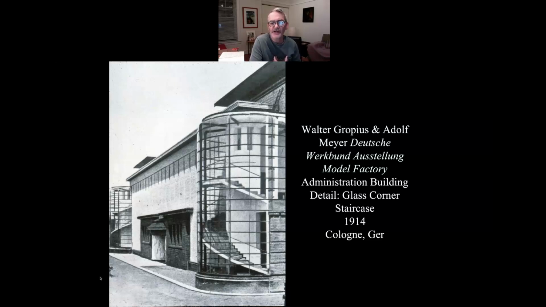The German Werkbund wanted to find new ways to use industry to make new types of architecture, or just to do new things, to take advantage of the possibilities that industrial production provides. So looking forward instead of nostalgically back.